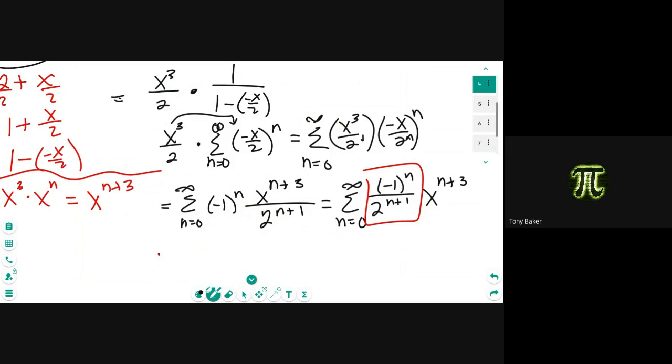One of the things that we actually haven't done very much in chapter 11 is the actual calculus piece of differentiation and integration.